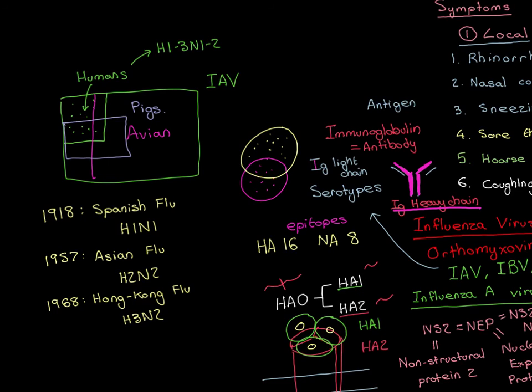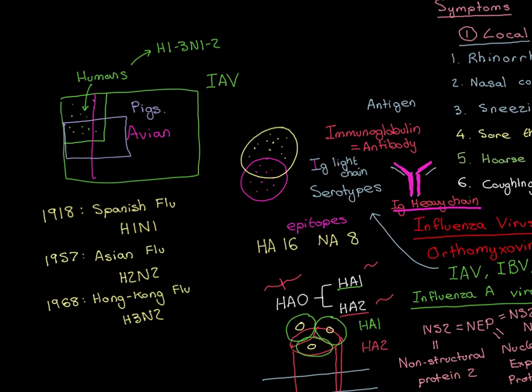Most of the human strains have the serotype H1, H2, H3 as far as hemagglutinin is concerned, and N1 or N2 as far as neuraminidase is concerned. And the final message from this picture has to do with the pigs. There's a big overlap between strains that can infect humans and strains that can infect pigs. So lots of human strains can infect pigs, and there is a big overlap between the strains that can infect birds and the strains that can infect pigs.